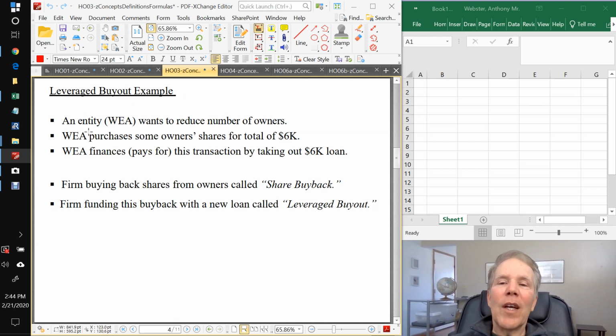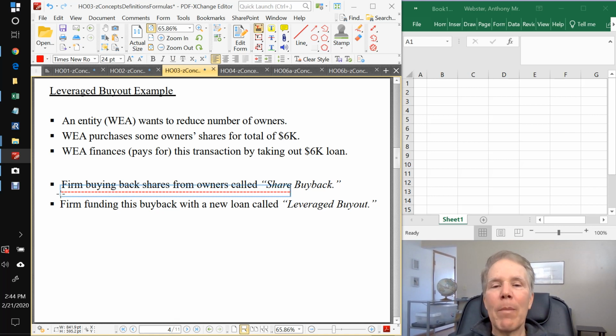That's where we have an entity wanting to reduce its number of owners. So it uses its money, the entity's money, to buy shares from some of the owners. It takes those shares, puts them in a burn barrel, and burns them effectively. When the firm does this, it's called a share buyback.